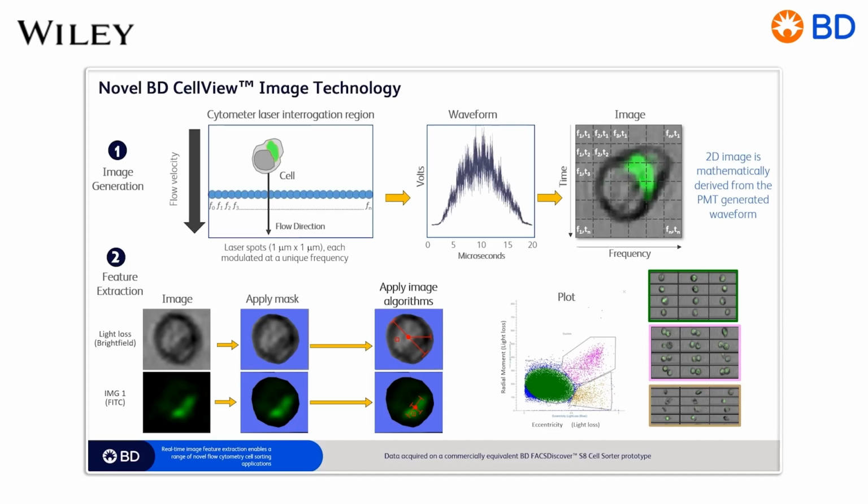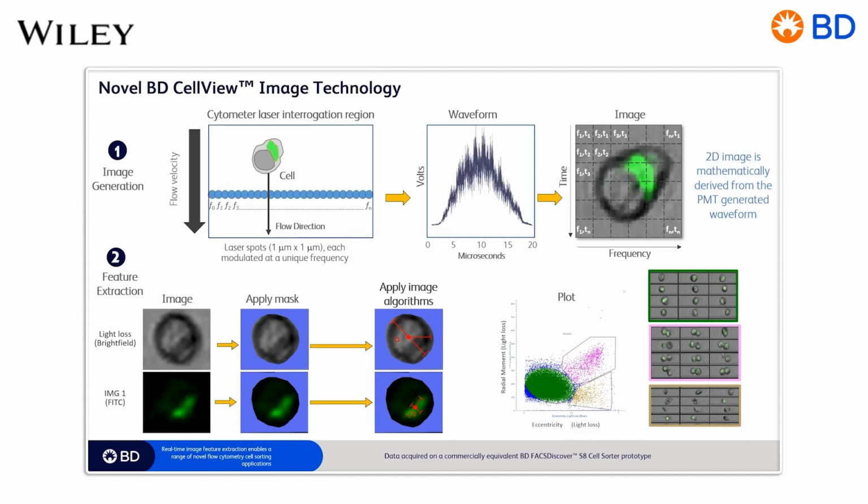Each one of these frequencies can then be deconvoluted at the other end when we get that waveform pulse off the PMT, and we can use that to figure out what part of the laser the fluorescent signal came from. As you work your way across the laser beam and get these beamlets of frequency signature light sources, the cell passes through that laser beam, and then you get another variable, which is time.